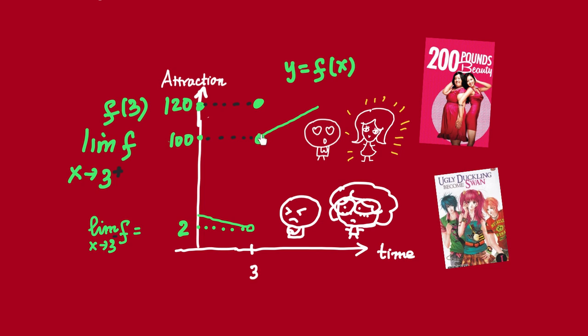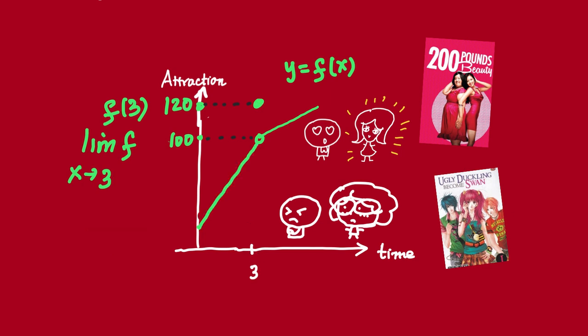And here, based on this picture, you would say that the right limit of f at 3 is equal to 100, i.e. the limit of f as x approaches 3 from the right is equal to 100. And you can think of it, roughly speaking, as his level of attraction toward her right after this moment at 3.